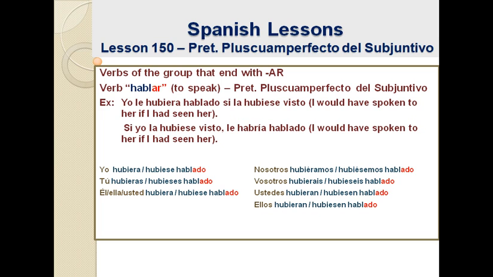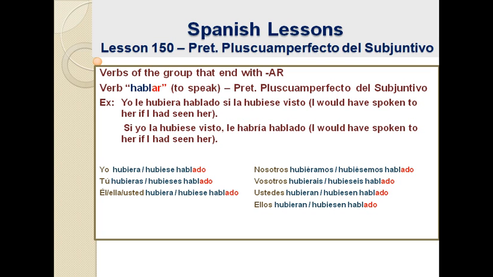Tú hubieras hablado, or tú hubieses hablado. Él hubiera hablado, or él hubiese hablado. Nosotros hubiéramos hablado, or nosotros hubiésemos hablado. Vosotros hubierais hablado, or vosotros hubieseis hablado. Ustedes hubieran hablado, or ustedes hubiesen hablado.